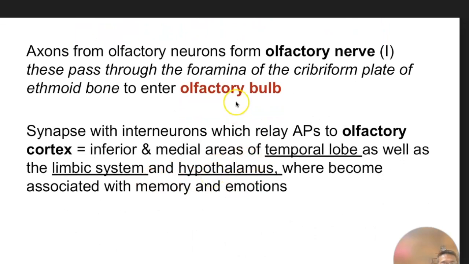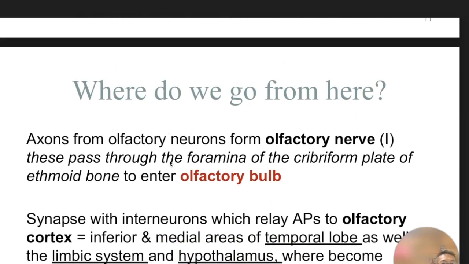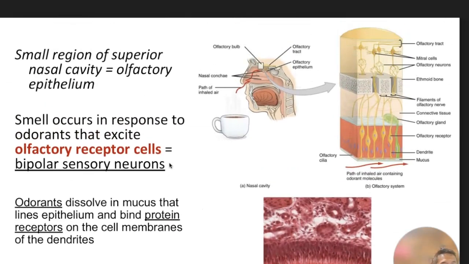One of the things about olfactory, your smell, is that it can go to the limbic system. The limbic system is involved with your memory and emotions. For example, if you smell something that reminds you of your childhood, it brings back memories. So it will trigger memory, and it goes directly to the hypothalamus, and it has special bipolar neurons.